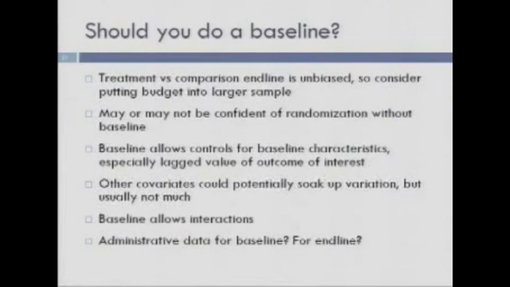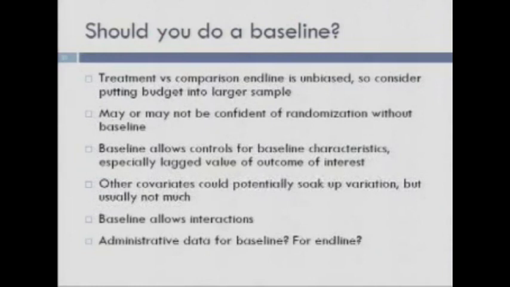Okay, so next issue is, should you do a baseline? The standard approach in economics papers is to have what people call Table 1, which shows that your treatment group and comparison group are similar.